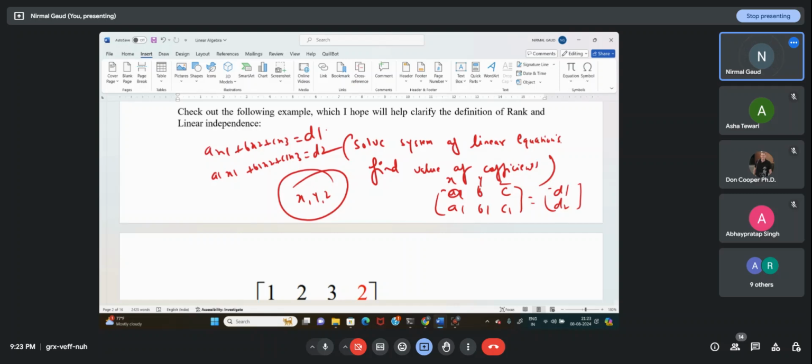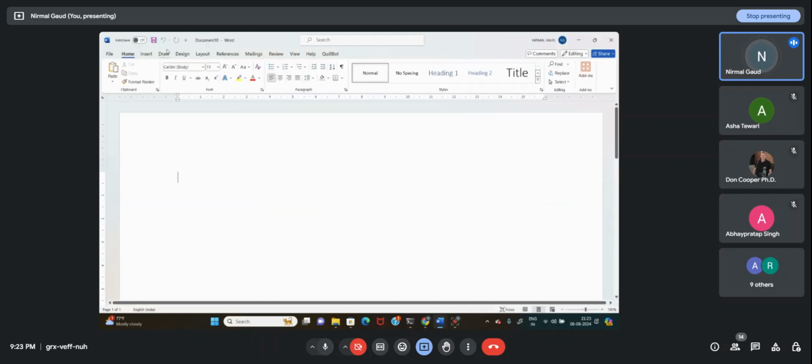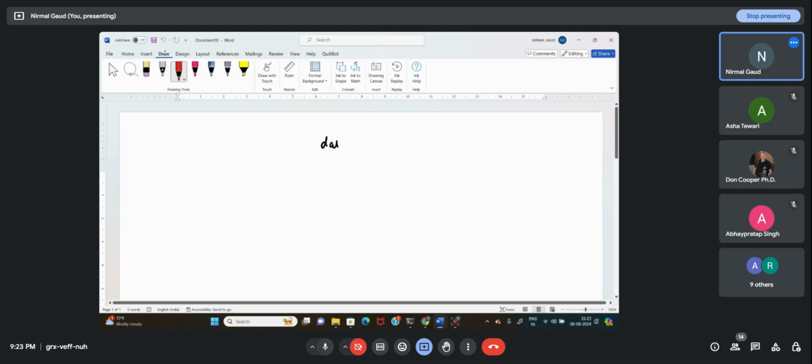So a matrix is used here. And why? Let me reason this out. You have a data set, and this data set has many rows and many columns.